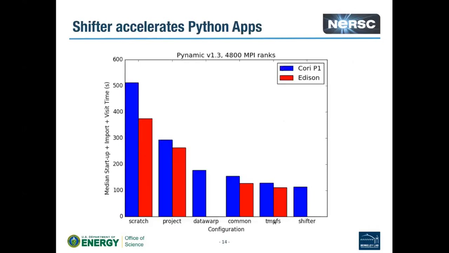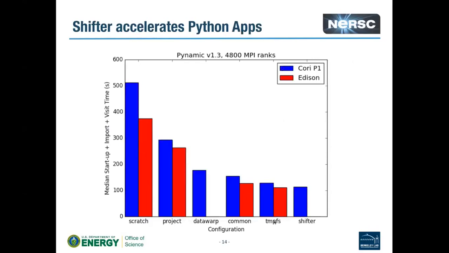When we originally were developing Shifter, it was really about productivity. We wanted to make it easy for people to get their applications running on HPC systems, which maybe they weren't used to running on. But we also found some other performance benefits. This is a very specific one: Python applications are notorious for not running very well, especially at scale, on HPC systems.